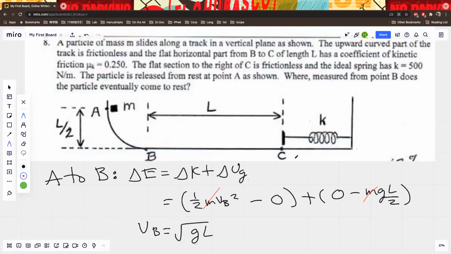Now it travels from B to C along a surface with coefficient of friction 0.25.